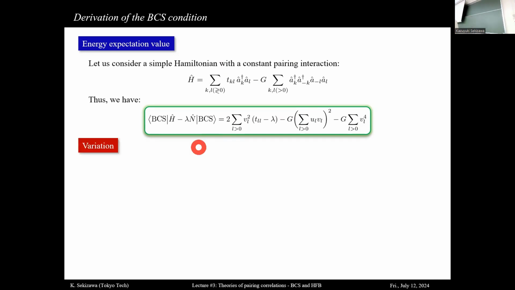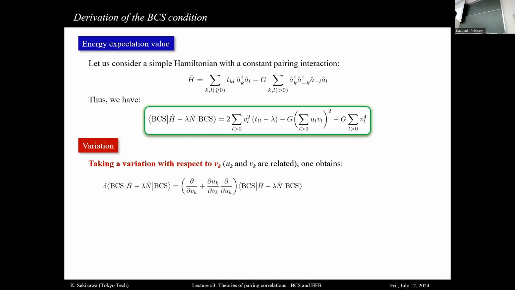Okay, so now we will perform a variation with respect to U and V. These U and V are in the BCS wave function, right? And we will determine those coefficients through the variation principle by minimizing this energy expectation value with this particle number constraint.